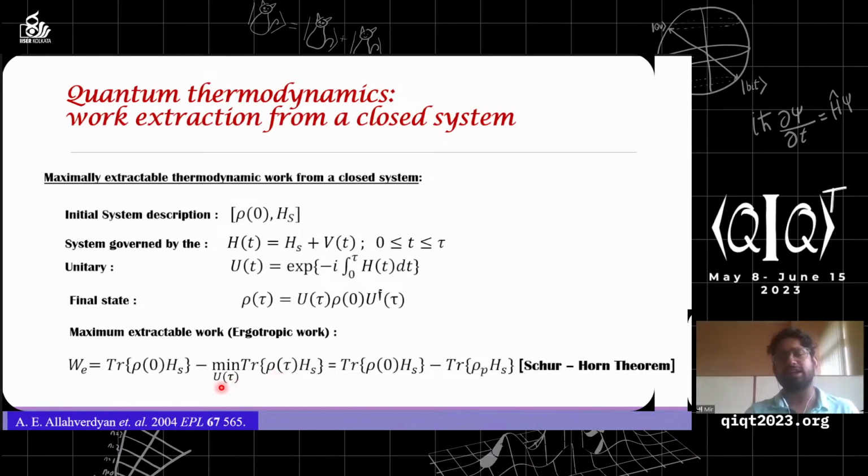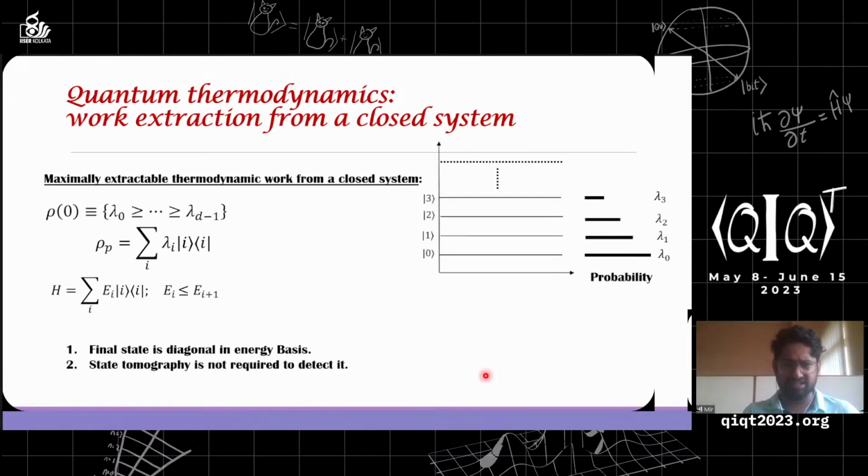In general, a unitary can actually increase your state's energy, but our task is to extract work. So I have to choose a proper unitary for the given state so that it goes to the lowest energetic state, and that state is sometimes called a passive state.